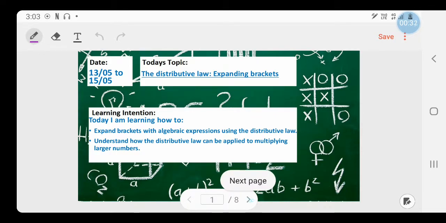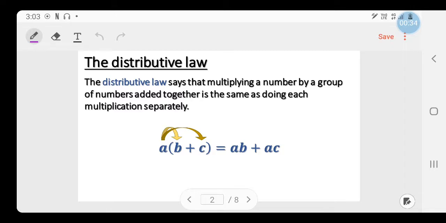Okay, so the question is, what is the law? Well, the distributive law says the following.